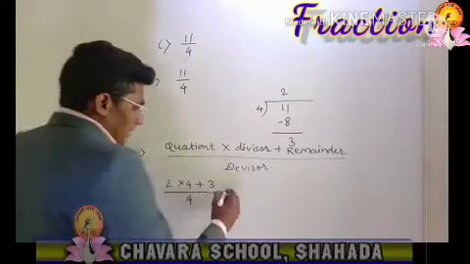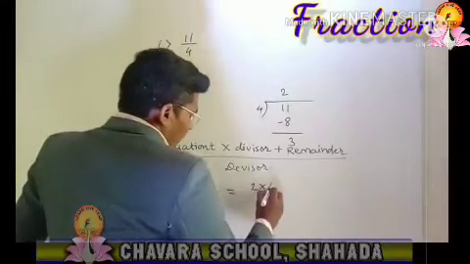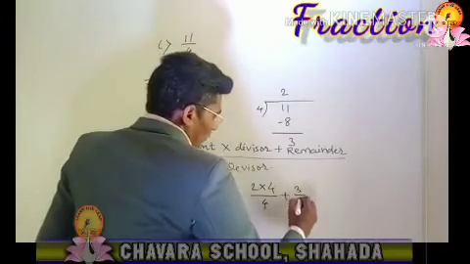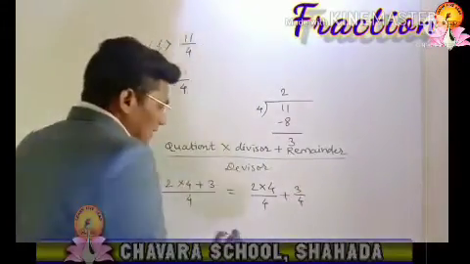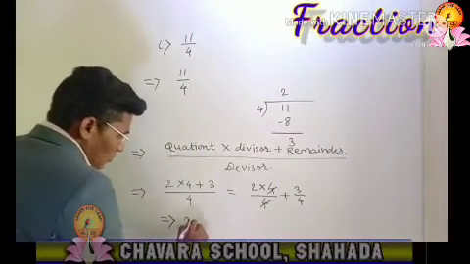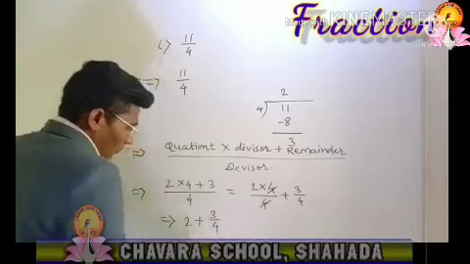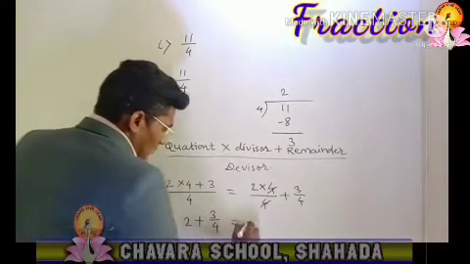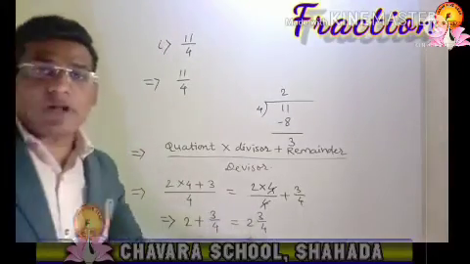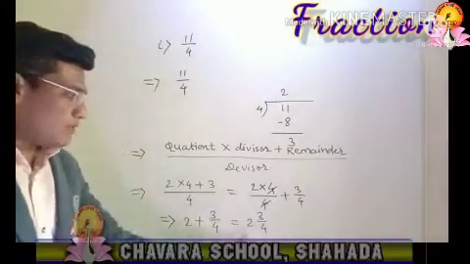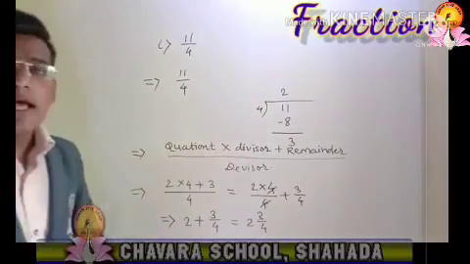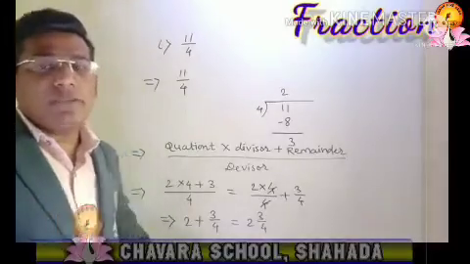We can distribute it as 2 multiply by 4 upon 4 plus 3 by 4. And as this 4 and this 4 get cancelled, the remaining part is 2 plus 3 by 4, and we can write it as 2 3 by 4. If you solve this mixed fraction, whatever answer you get is 11 by 4. And this is how we can convert an improper fraction into a mixed fraction.